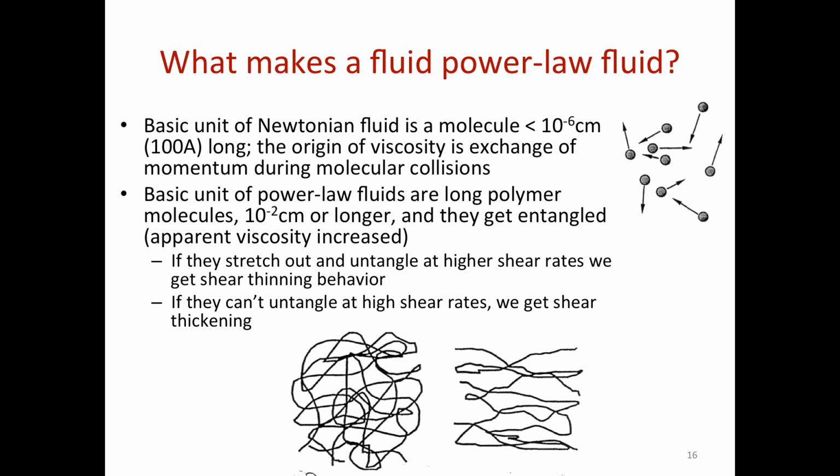Or they could tangle some more, depending on what type of chains and what type of forces I have between them. There are attractive forces that could try to couple some of them up. And if they tangle some more, we're going to have shear thickening behavior.